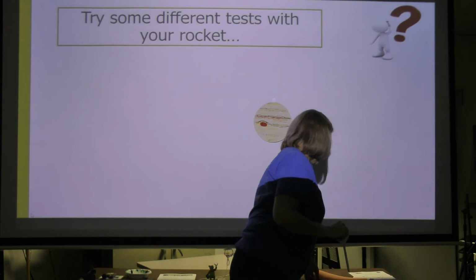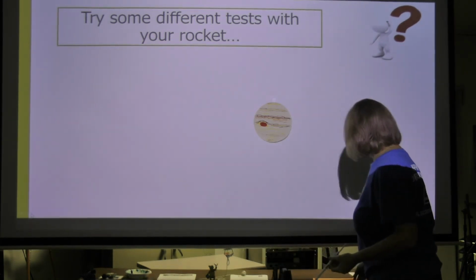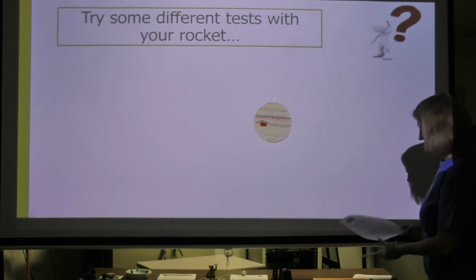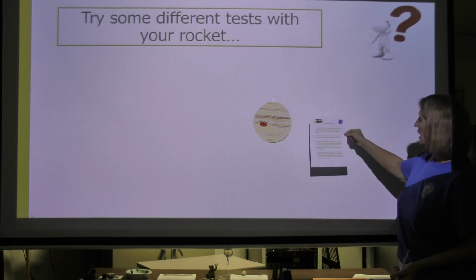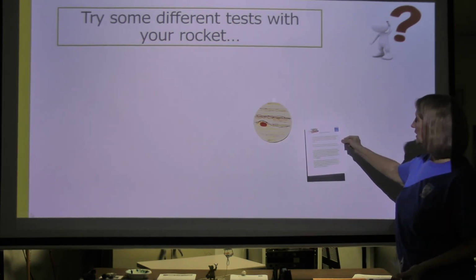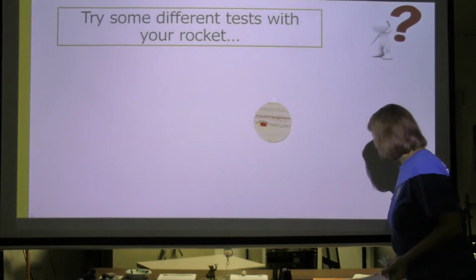Now, if I wanted to, I could try some different things. There is a sheet that I have provided for you with some different rocket activities that you can try.